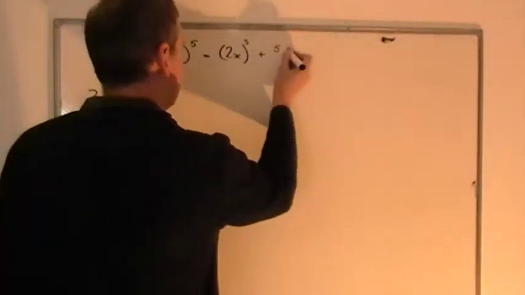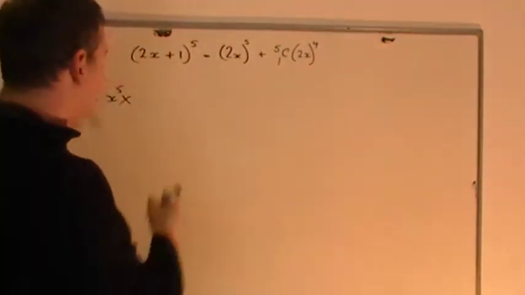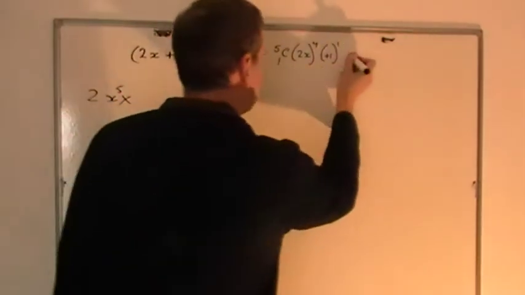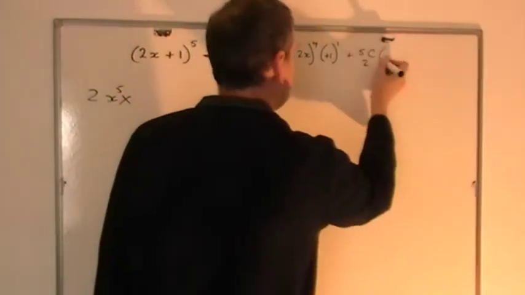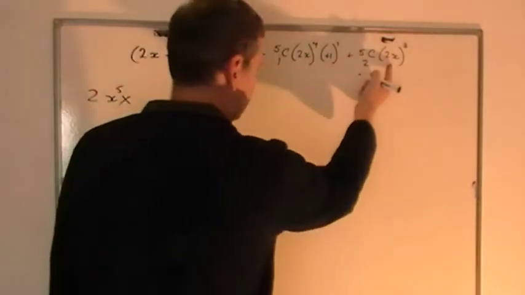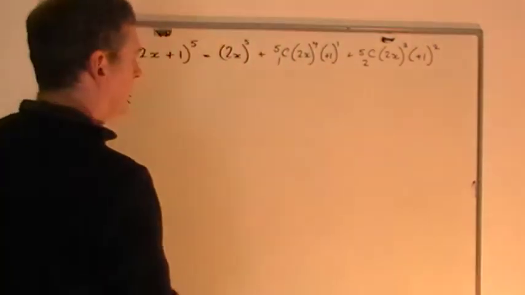Plus, then you have 5 choose 1. It's going to be 2x in a bracket to a power 4 this time. And then the plus 1 becomes power 1. Plus 5 choose 2, then it becomes 2x to the 3, make sure it's in a bracket, and then you have plus 1 raised to power 2.